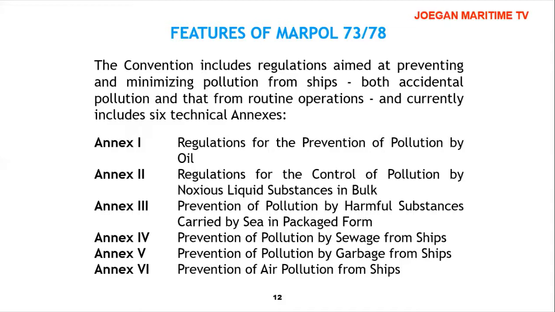Annex 3, prevention of pollution by harmful substances carried by sea in package form. Annex 4, prevention of pollution by sewage from ships. Annex 5, prevention of pollution by garbage from ships. Annex 6, prevention of air pollution from ships.